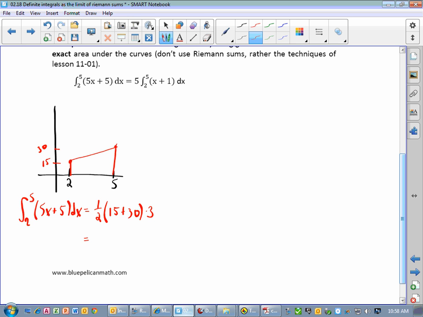So we've got, what, half of 45 times 3. Calculators can come in very handy here, right? Otherwise, we should get 67.5.